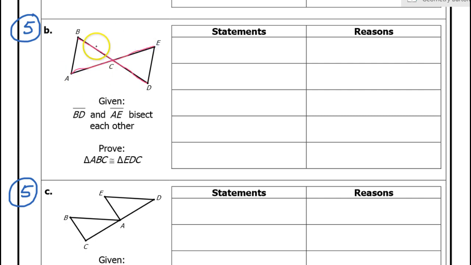That means they cut each other in half. So first I need to write down that given as is. When it comes to the given, you're going to wind up writing down the given itself every single time. So we will first just copy this down. So we have BD and AE bisect each other.